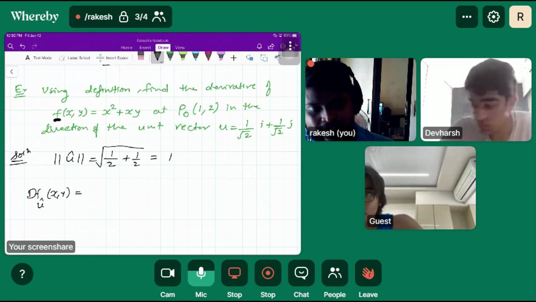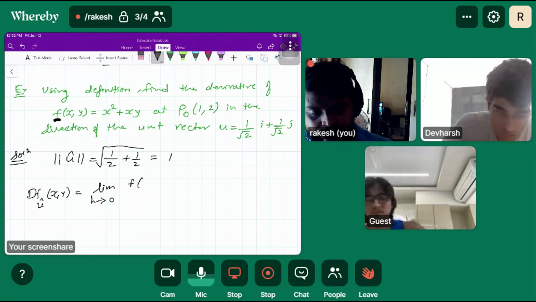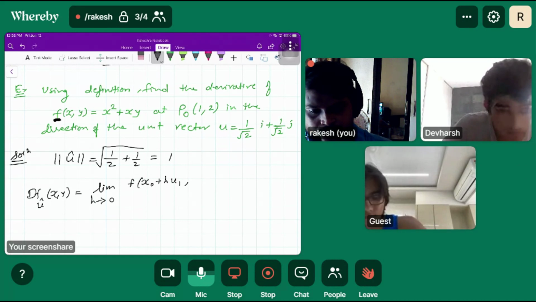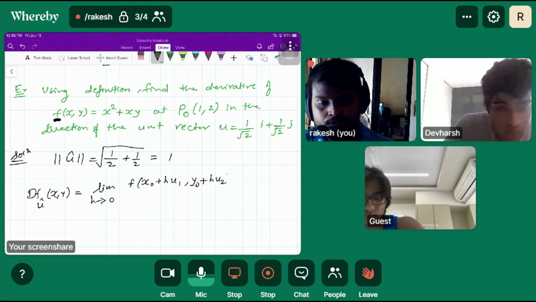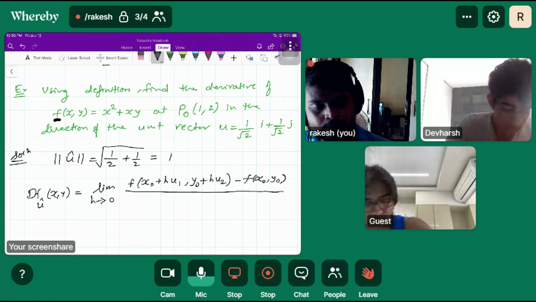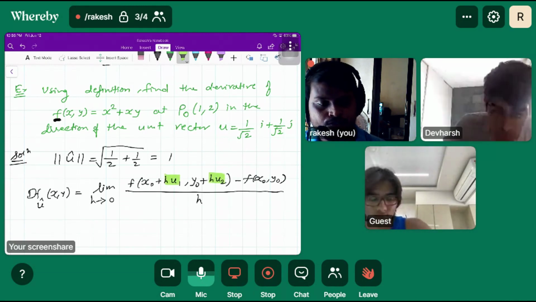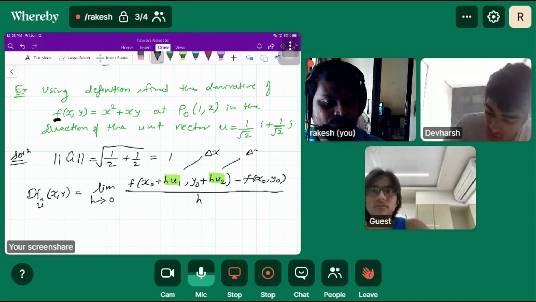So that is limit h tends to 0 of f of x naught plus hu1 comma y naught plus hu2, minus f of x naught comma y naught, upon h. See, this hu1 and hu2 is nothing but delta x and delta y. I hope it didn't confuse you.